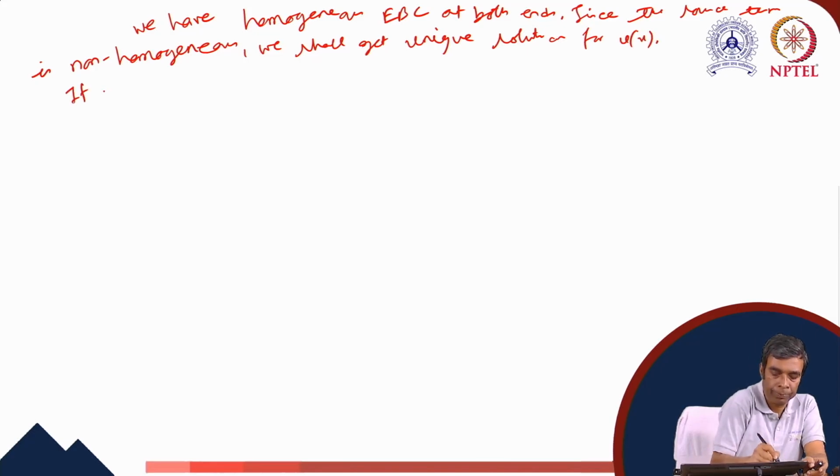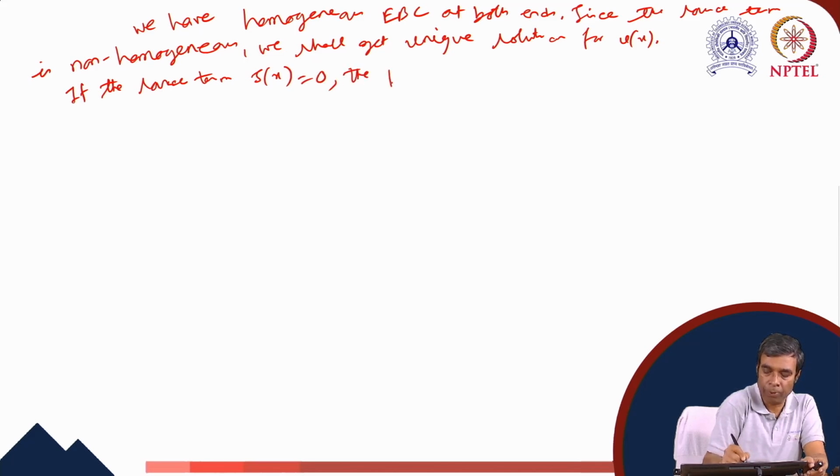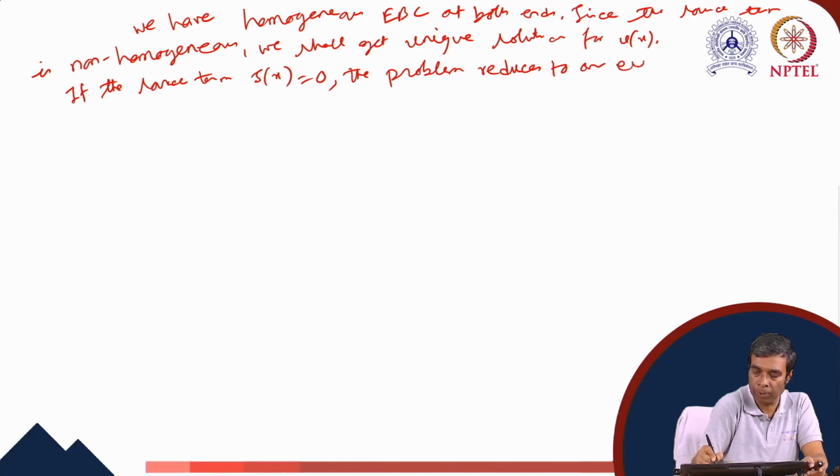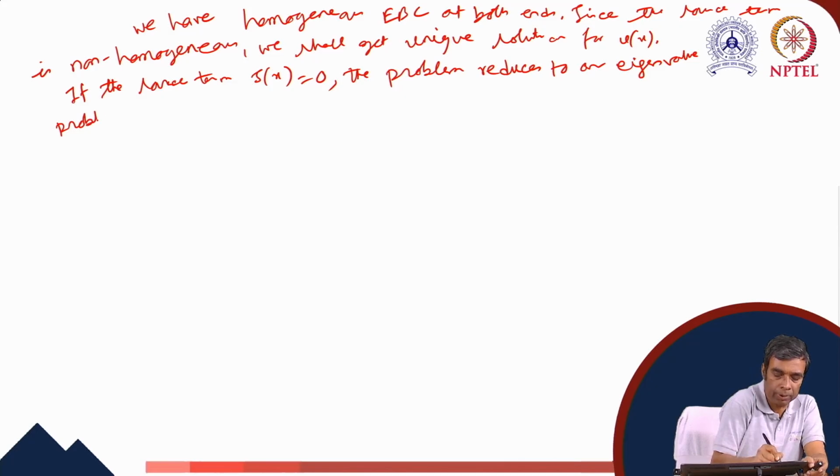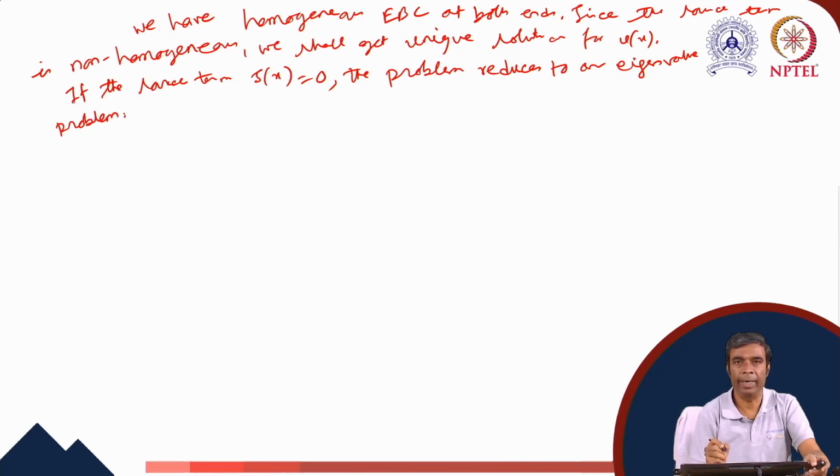If the source term S(x) equals to 0, the problem reduces to an eigenvalue problem, where we have multiple solutions subject to different eigenvalues. Now we shall discretize the computational domain into 10 elements, 10 two-noded bar elements.